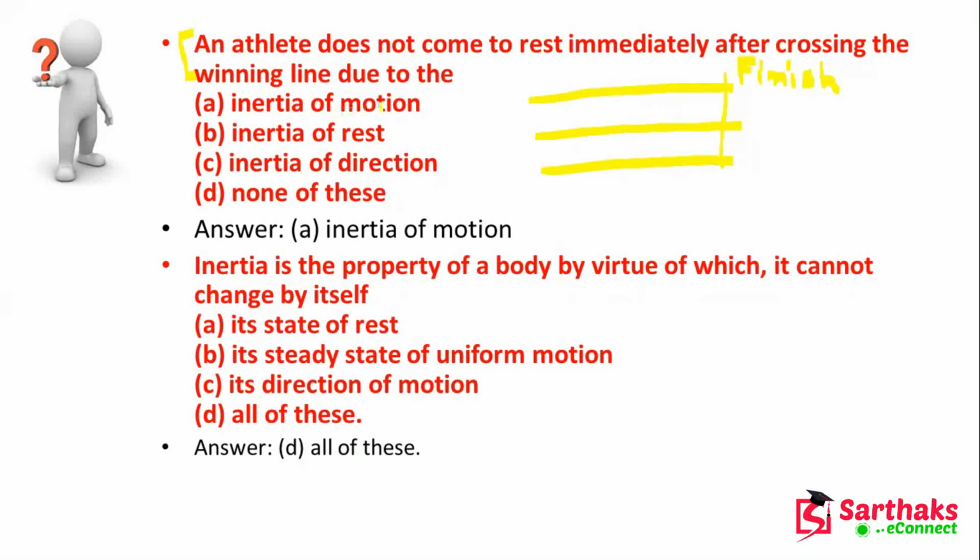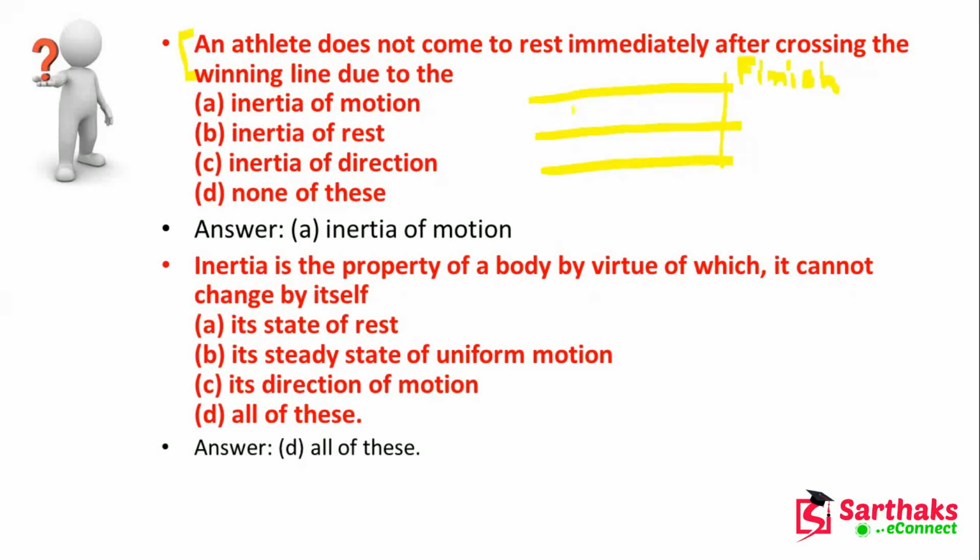First point, inertia of motion, inertia of rest, inertia of direction, or none of the above. Here I have told you, inertia is the tendency of the object to resist the change of its state. So here the athlete is in motion, because he or she is running on this track.